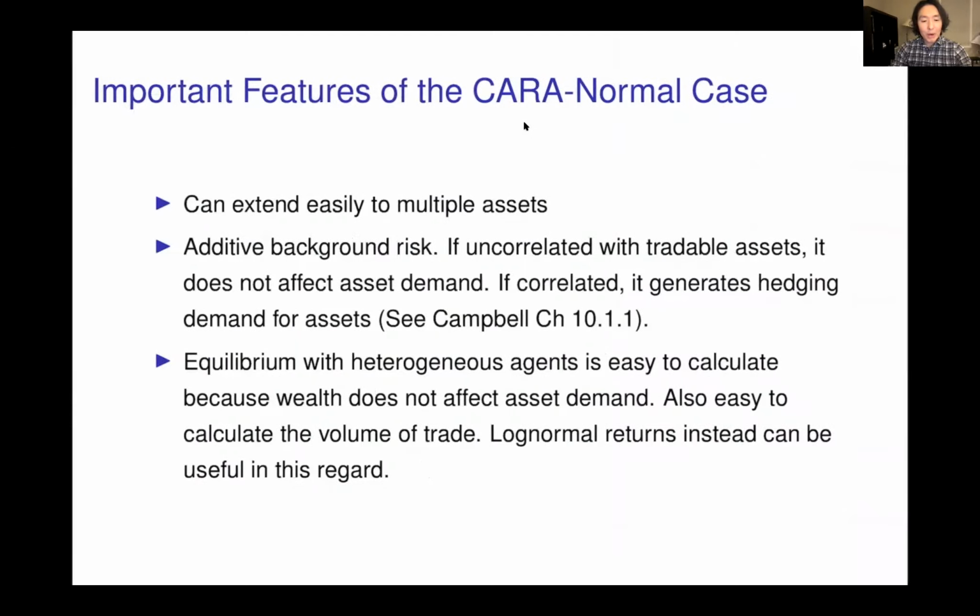Now, we can summarize some of the important features of the CARA-Normal case. First of all, because of the tractability, the model can be extended very easily to multiple assets. 자, 무슨 말이냐면요. 앞의 경우에 지금 우리가 어떤 베리어블들을 썼어요. 예를 들면 x 그리고 theta 이 두 개가 키 베리어블이었잖아요. 이 x랑 theta를 n dimensional 벡터로 extend를 할 수 있어요.